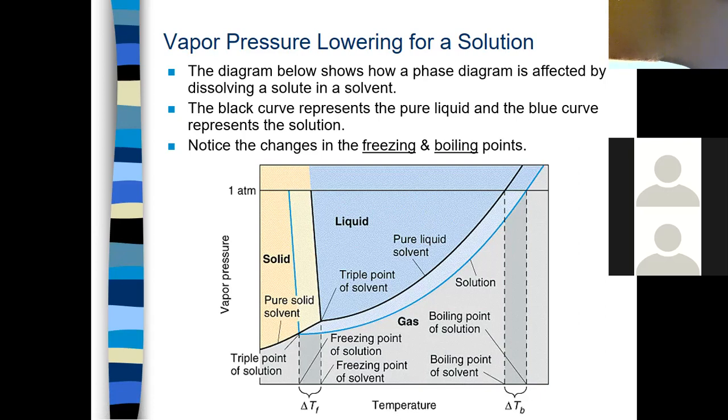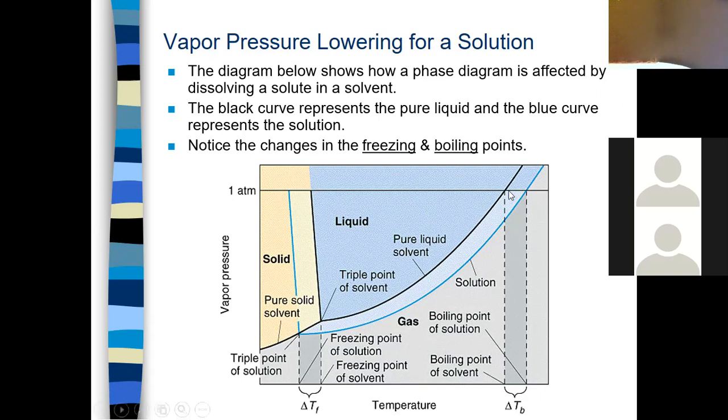Make sure you know what those terms mean. Volatile solutes are things that evaporate. Non-volatile solutes are things that don't evaporate. We're only going to talk here about non-volatile solutes, solutes like salts and sugars, things that don't evaporate.